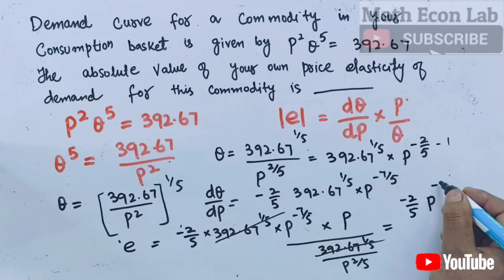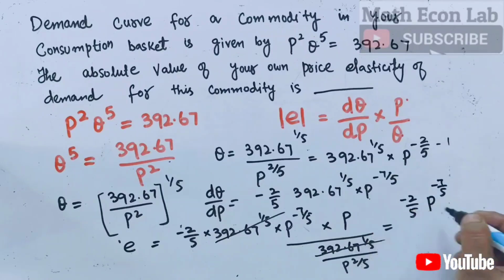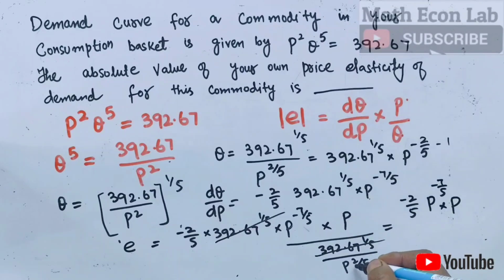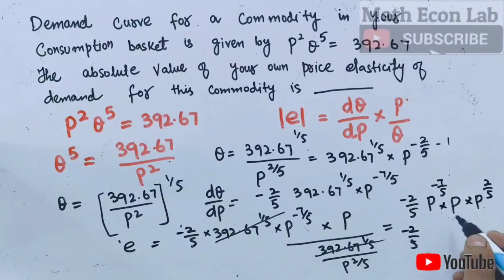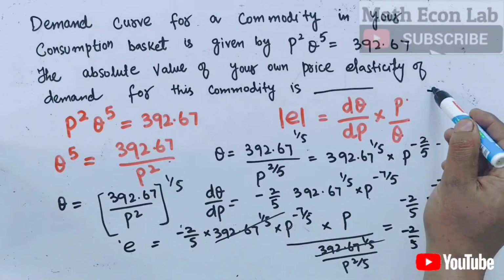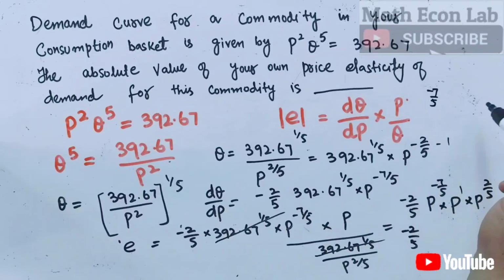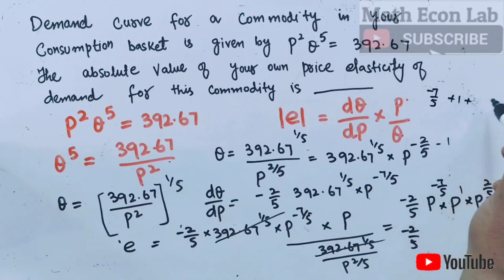Then we have p raised power minus 7 upon 5 into p, multiplied by p raised power 2 upon 5. The bases are the same, so we can add the exponents: minus 7 upon 5 plus 1 plus 2 upon 5.